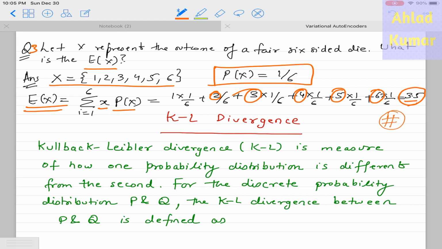So now we have discussed the concepts of probability theory that are required to understand variational autoencoders, and I agree that the way I carried out this lecture for probability theory is very fast, but this is not a probability course, and our main focus is to understand the loss function of variational autoencoders.